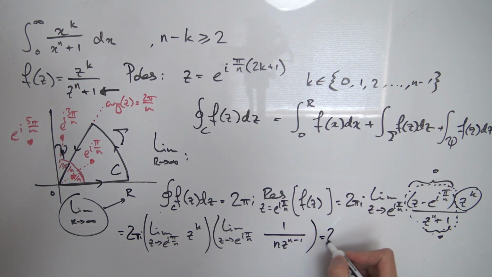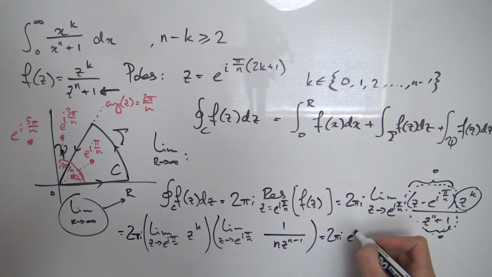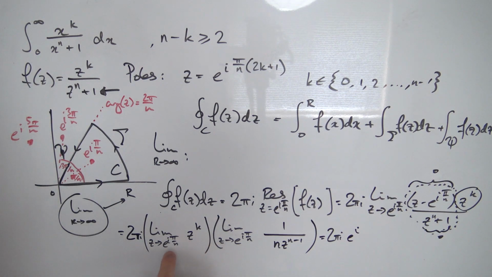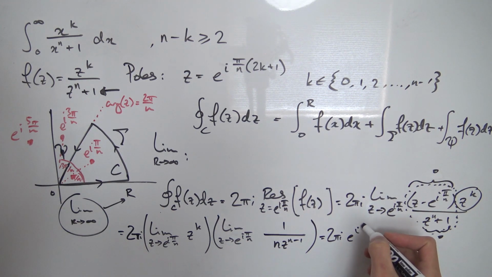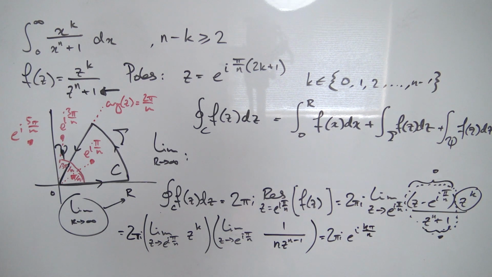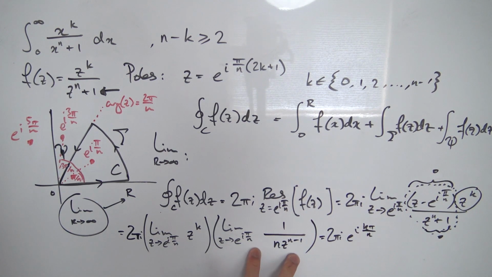This is just 2 pi i times, we can just plug this e to the i pi over n into this z, and we obtain e to the i. We can distribute this power inside of here, just multiplying those two powers together, so we'll get e to the i k times pi over n. And for this part right here, let's bring up this 1 over n to the front.